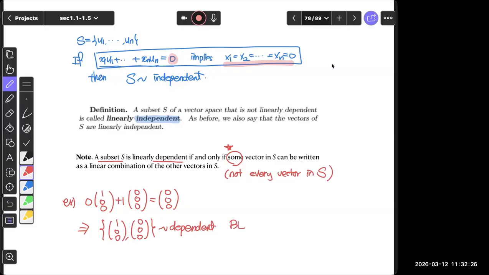But this 1, 0, 0 is not a multiple of the 0, 0, 0 vector, right? Of course, 0, 0, 0 is a multiple of 1, 0, 0 though.